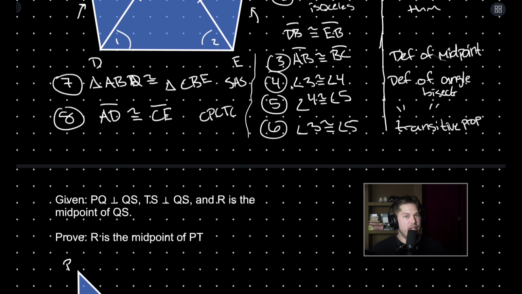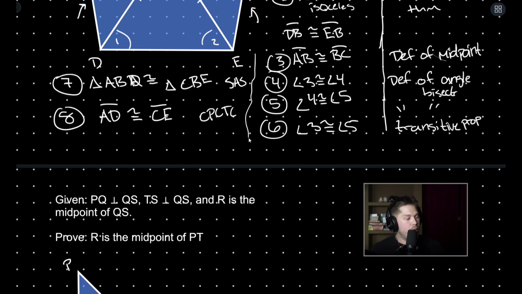That was number 3. Number 4, we were able to say that angle 3 is congruent to angle 4 by definition of angle bisector. Same thing with number 5, that angle 4 is congruent to angle 5 by definition of angle bisector. Number 6, we're able to say that angle 3 is congruent to angle 5 by the transitive property.